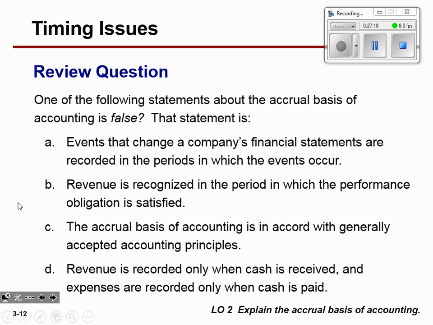Which one's false? D, it is. Why? Revenue is recorded only when the cash is received, and expenses are only recorded when the cash is paid. That's called cash basis accounting.